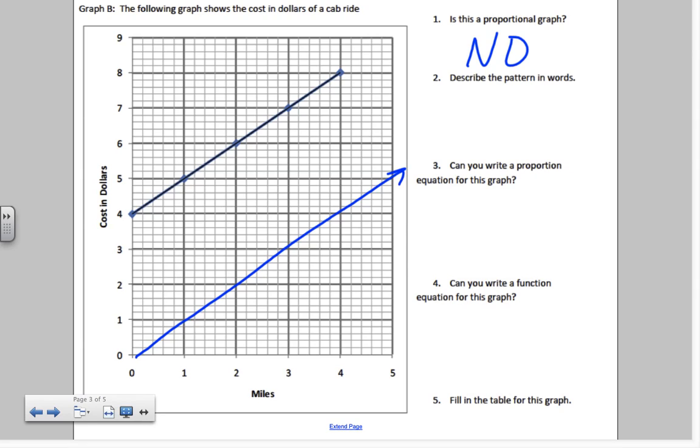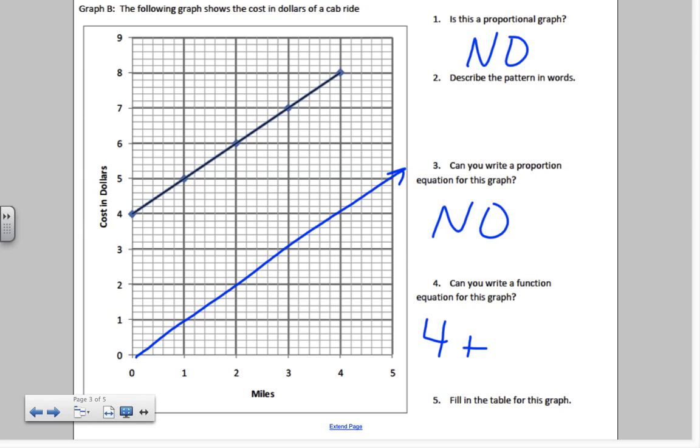So, let me just show this to you. Can you write a proportional graph? No, you cannot, but you can write a function graph. Don't we start at $4? And what do we add every time? What was our constant rate after $4? It goes up how much? $1. So watch. And remember, our unit rate is always the coefficient on x. So what would 1x look like?